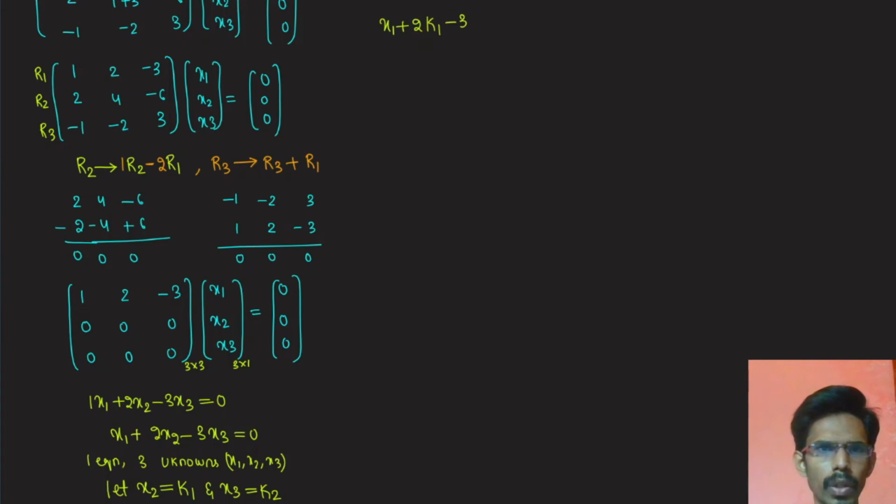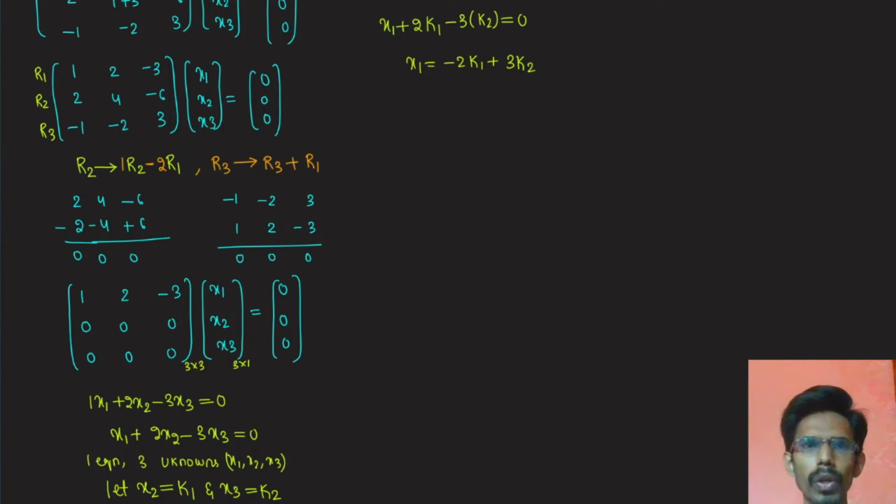Next we have plus 3 into x3, x3 value is k2, equal to 0. So this will become x1 equal to minus 2k1 plus 3k2. So we got the eigenvectors here now, that is x1 value I got minus 2k1 plus 3k2. Similarly x2 value I took k1, and x3 value I took as k2.